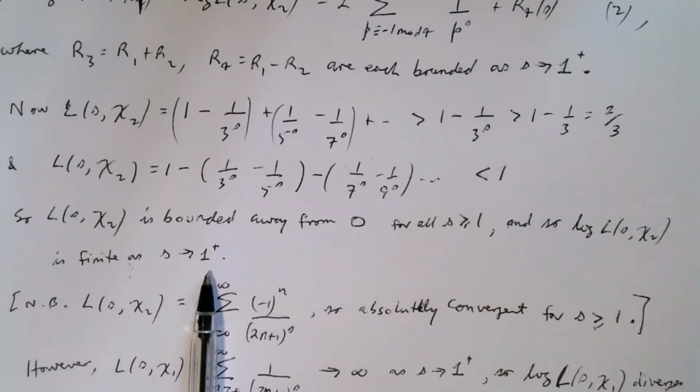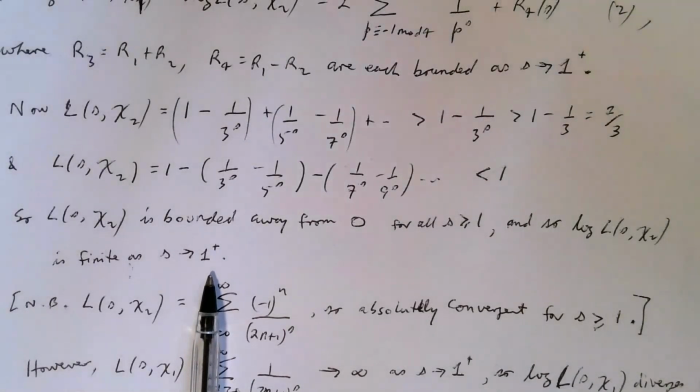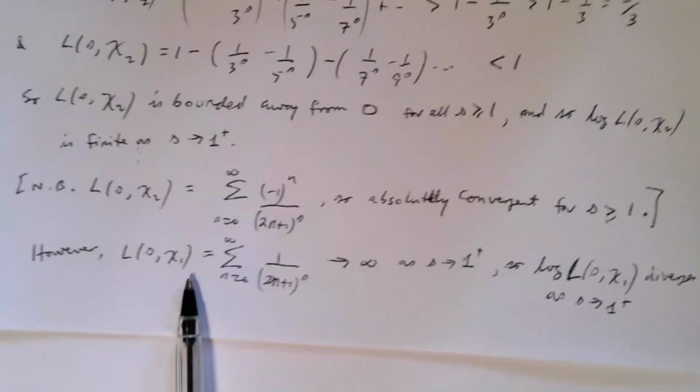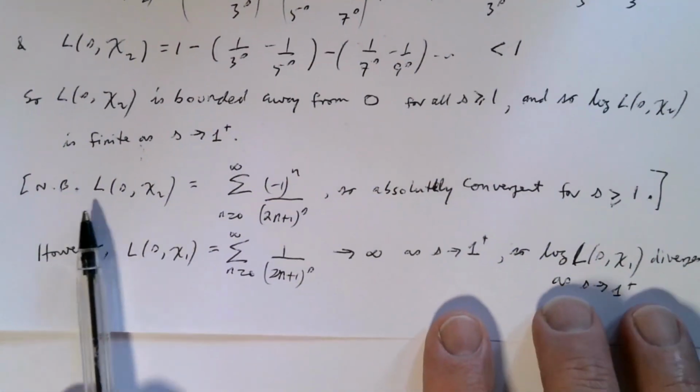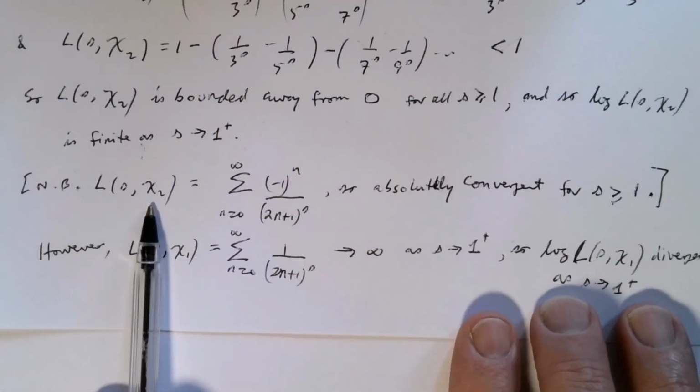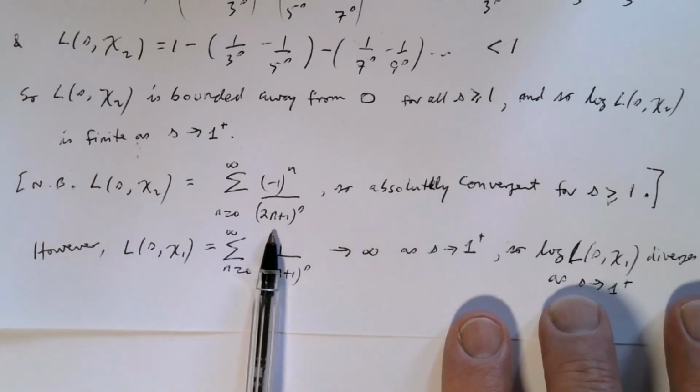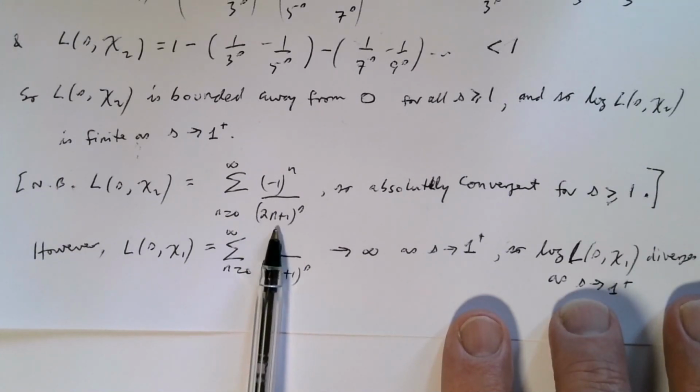Now, you might at this stage be screaming a little bit and saying, well, hang on a minute, you've rearranged the infinite series. One has to be very careful about arguing that way. So for the sake of argument, let me just point out that L(s, χ2), if you actually write the sum out, looks like this. It's just the odd numbers in the denominator, and then it's alternating.